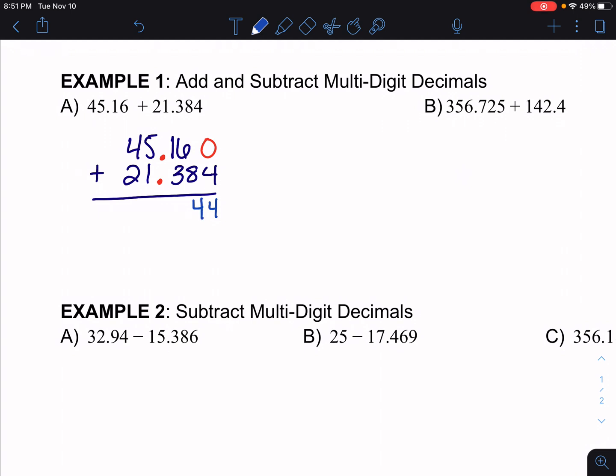So I'm going to have the 4 and carry the 1. And then 3 plus 1 is 4, plus 1 more is 5. The decimals are lined up because they line up through the answer as well. 5 plus 1 is 6, and 4 plus 2 is 6. So my answer is 66.544.